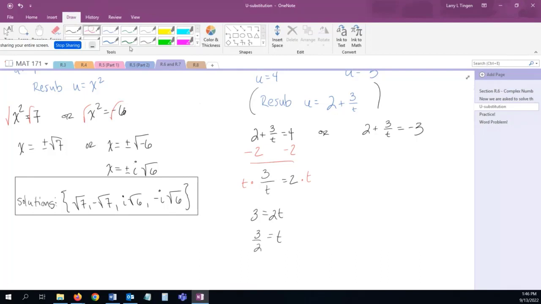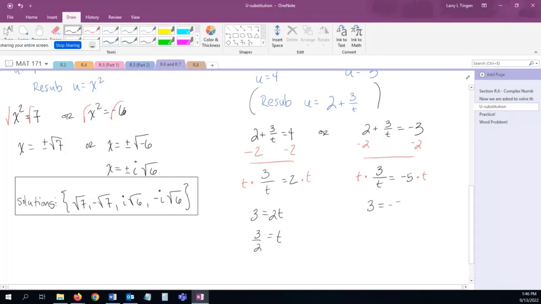On the right, I'm going to do the same as I did before. Get everything with a t on one side, everything without on the other. Subtract 2 from both sides. 3 over t is equal to -3 minus 2 more, which is -5. Multiply by the LCD of t.